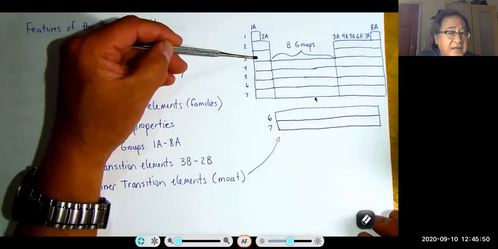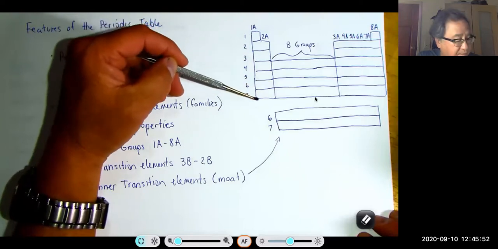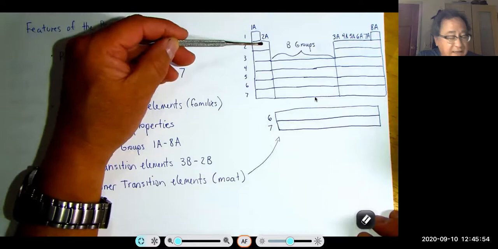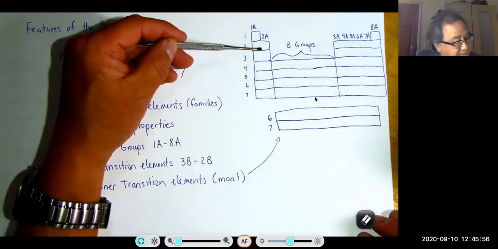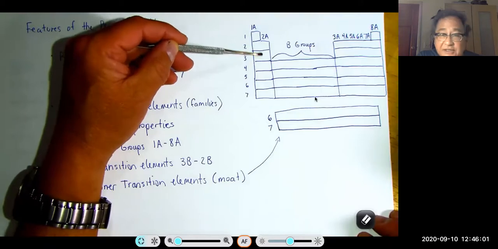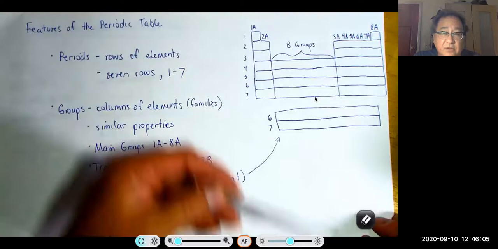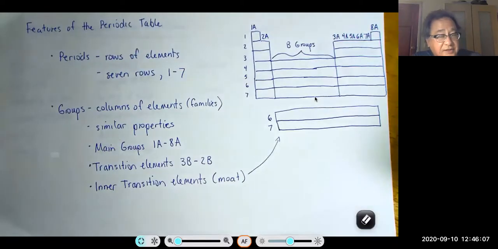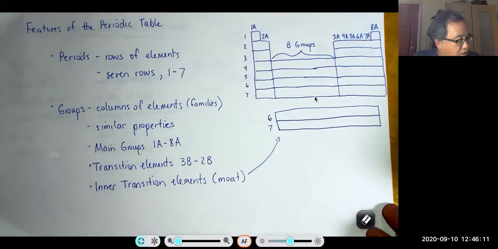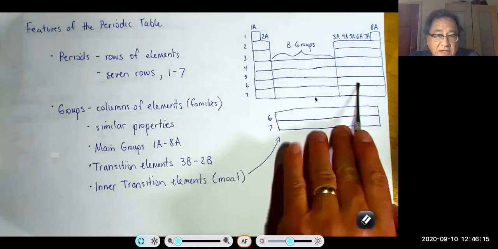So they all have that same chemical property of combining with chlorine. Whereas if you look at 2A, it would be BeCl2 and MgCl2 and CaCl2. So they all combine in the same way with chlorine, where it's one of them and 2 of chlorine, similar properties.